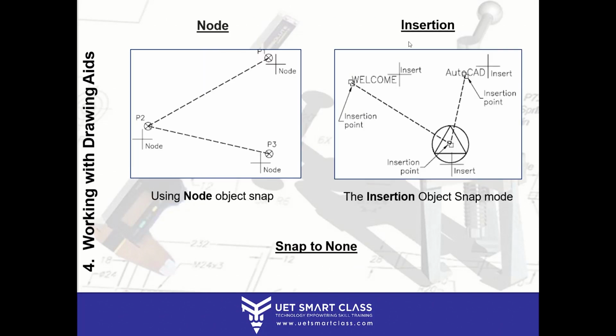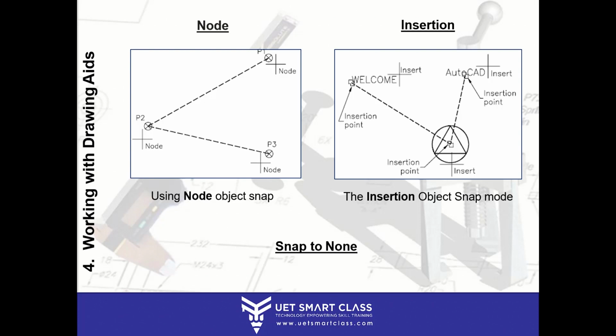Next, node. Basically, you can use the node object snap mode to snap to points placed by using the multiple points, like we had learned in the last class how to show multiple points on your screen and use the divide and measure tool. Therein this node object snap mode is used.